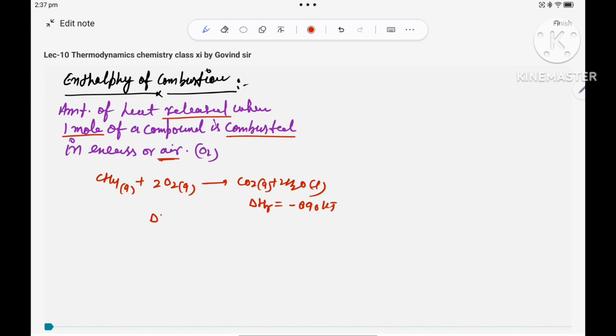So here that HR is equal to enthalpy of combustion. The HR is equal to enthalpy of combustion because here methane is 1 mole. Okay.